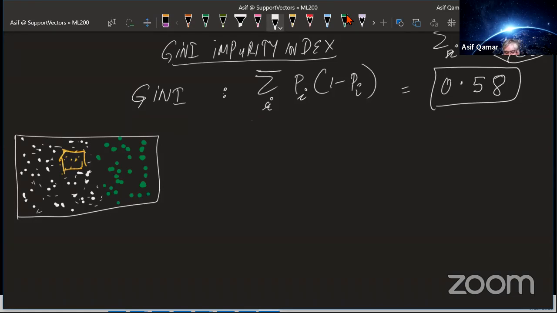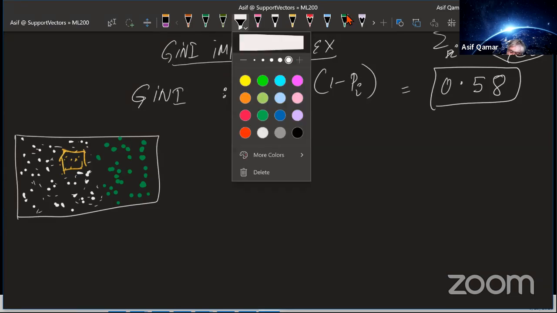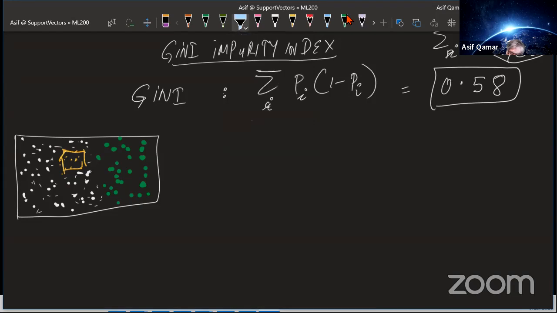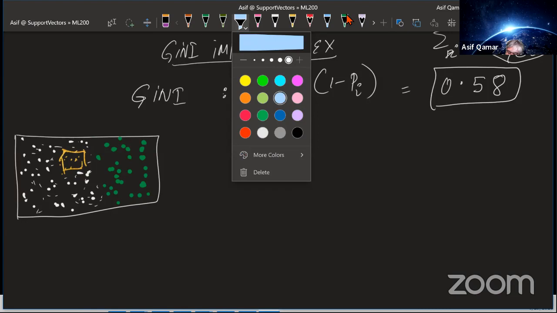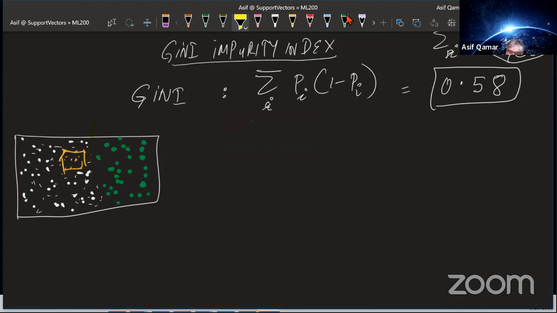All right, guys. So the question is, where should we split? Intuition tells you that we should split at this point. What just happened? That wasn't very illustrative. Let me take yellow.